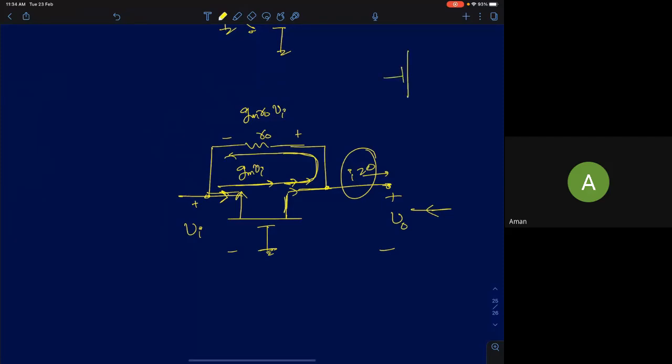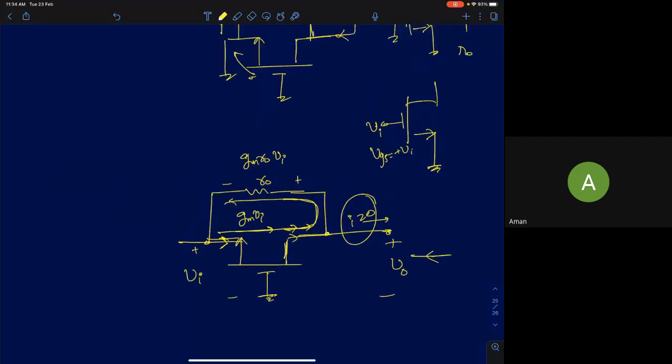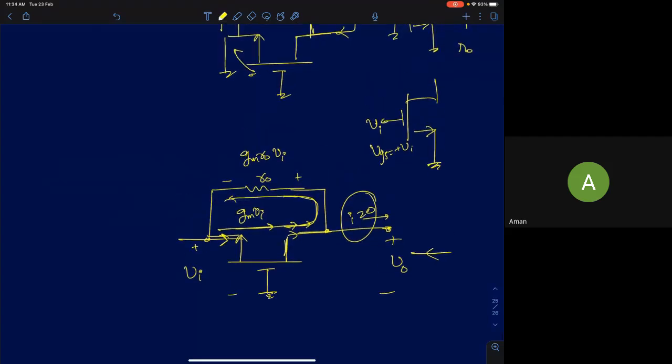See, if you apply a voltage Vi at the gate, so meaning your VGS is plus Vi. If the gate voltage is Vi volts higher than the source voltage, then you will have a current GmVi flowing from drain to source.